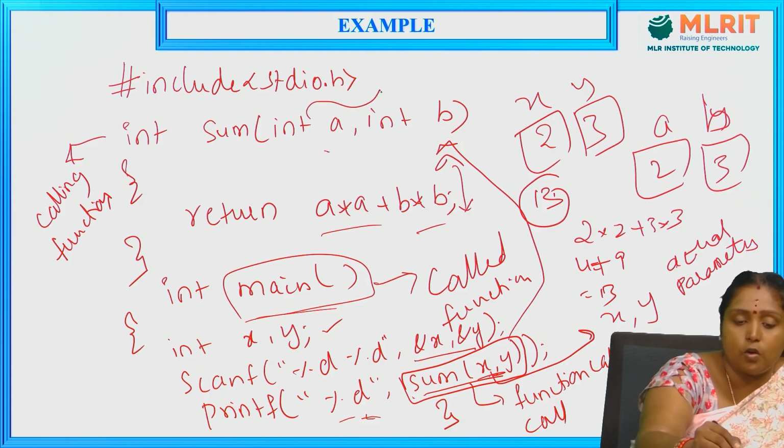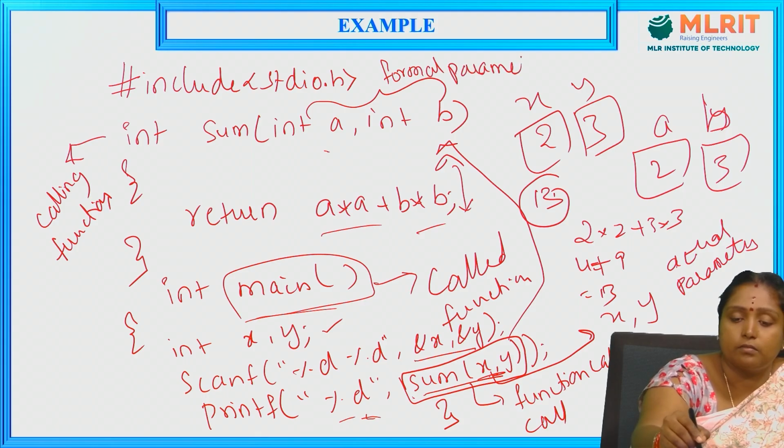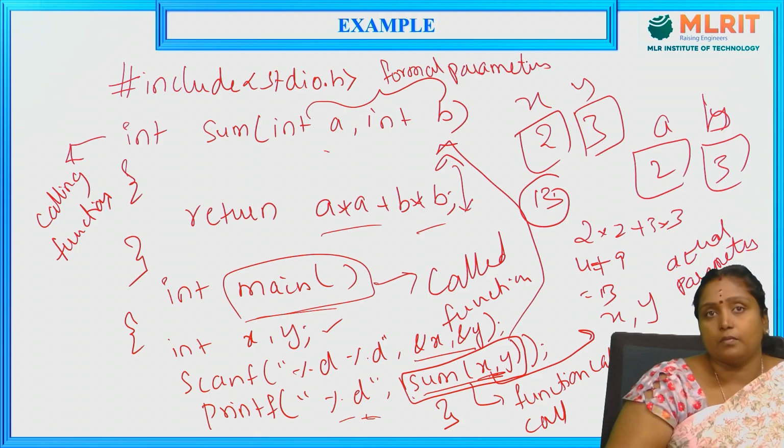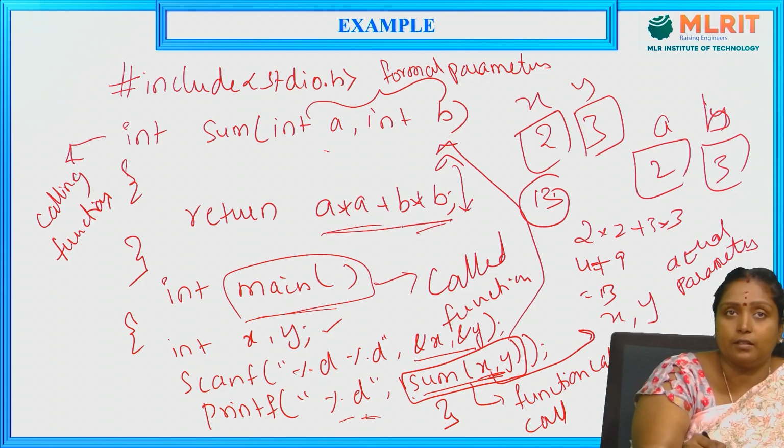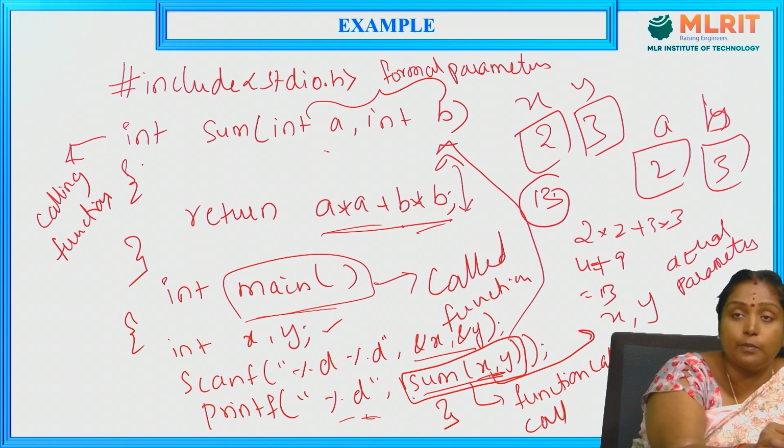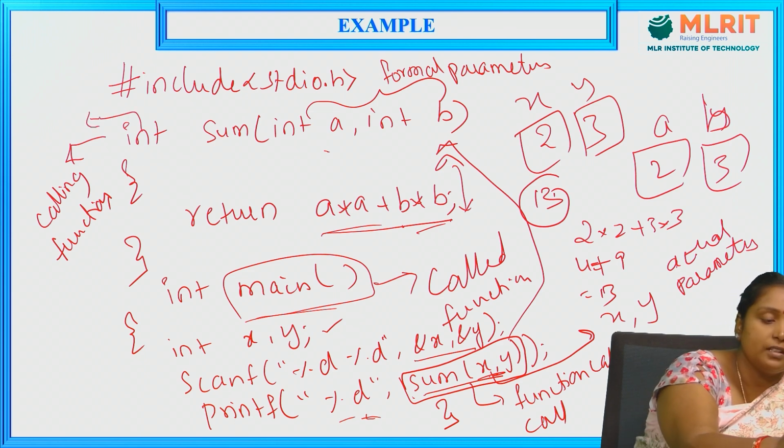These are called formal parameters. It returns some value, right? So what type of value it is returning has to be mentioned here as the data type. So it is called the return type.